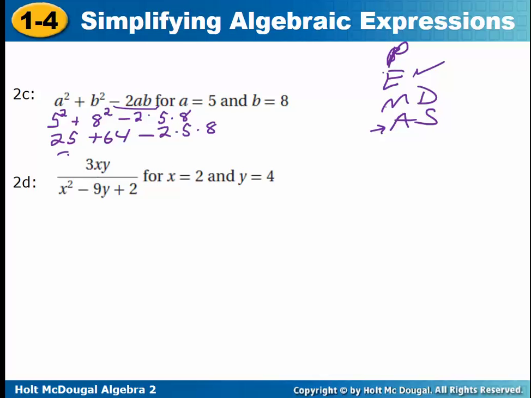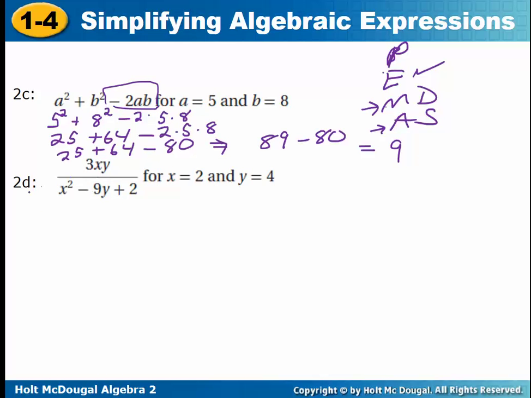But now we'll do our multiplication row, which is 2 times 5 is 10 times 8 is 80. Now we will do our addition and subtraction in order from left to right. So 25 plus 64 is 89, minus 80 is equal to 9.